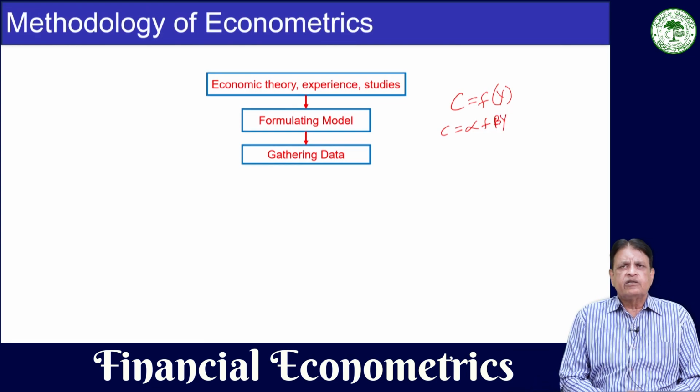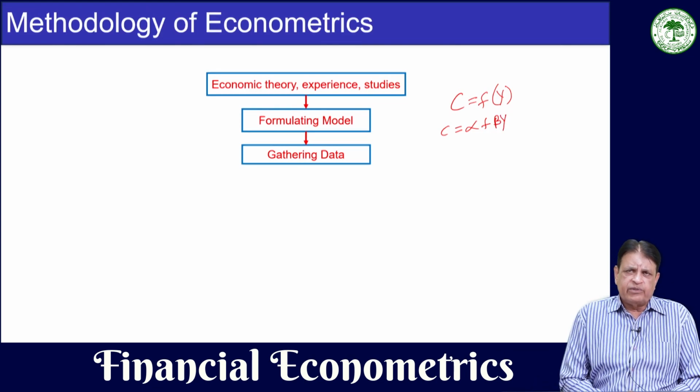Now the question is, where do you get this information from? That information we may get from economic theory. Economic theory may give some hint as to whether the relationship between consumption and income is a linear one or a non-linear one. If you do not get any hint, then we may use past studies or our own experience to know what type of relationship is likely to exist between consumption and income.